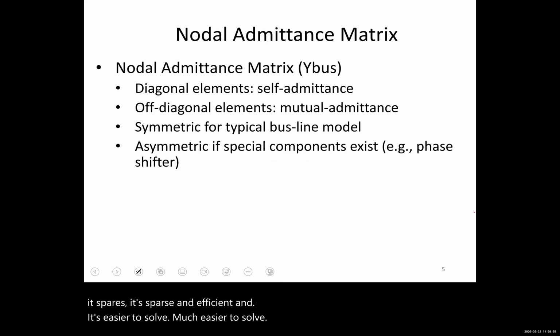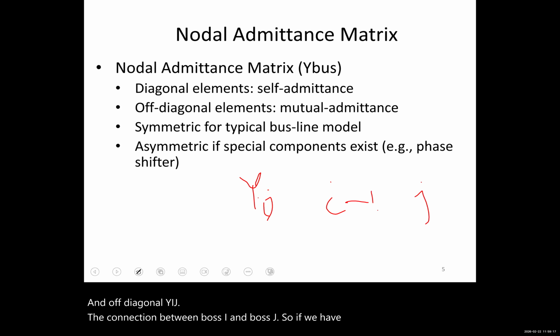Now, the Y-bus structure is very systematic. The off-diagonal Yij represents the connection between bus i and bus j. So if we have two buses, i and j, the connection between these two is represented with Yij.